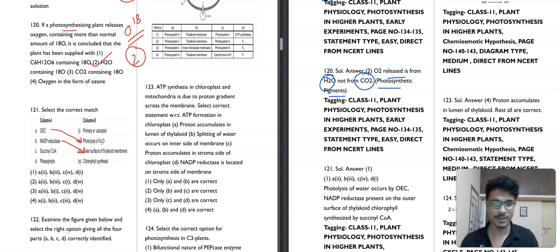Succinyl coenzyme A is for chlorophyll synthesis, and pheophytin will match with primary electron acceptor. So our correct answer will be option number first.